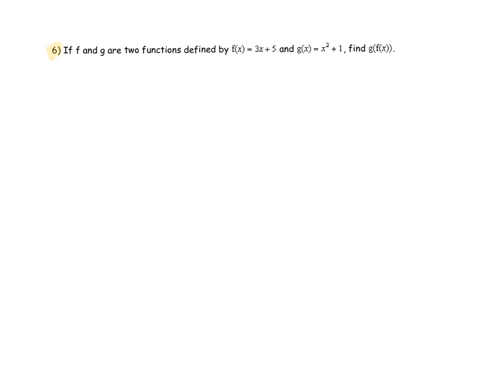Okay, so problem here was we needed to find g of f of x. So that means we're going to put the f of x function into the g. So f of x into g of x. So if we wanted to rewrite it, so it was g of f of x, right? We can plug our f of x function, 3x plus 5, right here.